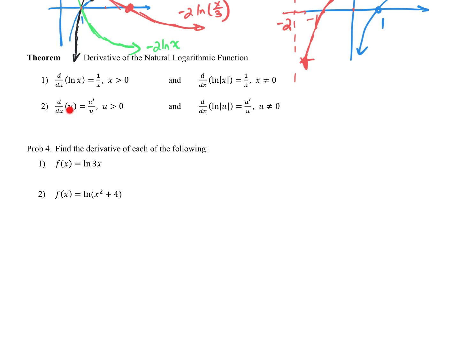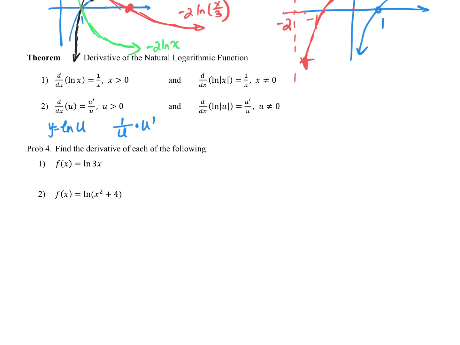And with the chain rule, if y is equal to ln u, where u is a function of x, then the derivative will be 1 over u times the derivative of the inner function, u prime, which becomes u prime over u.